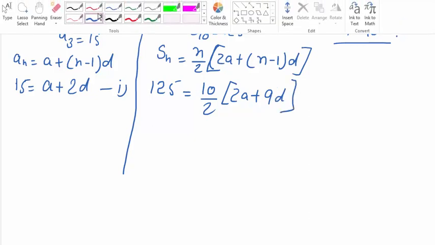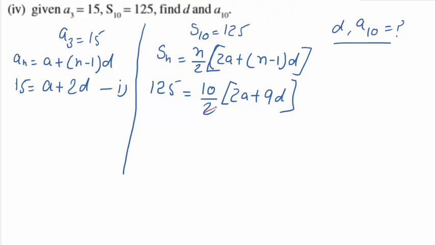Now solve this. This will cancel out with this by 5, and this will be 25. So the second equation is 25 equals 2a plus 9d.